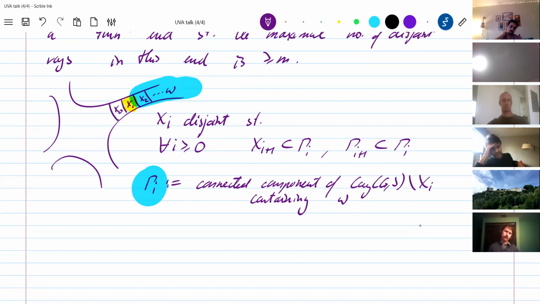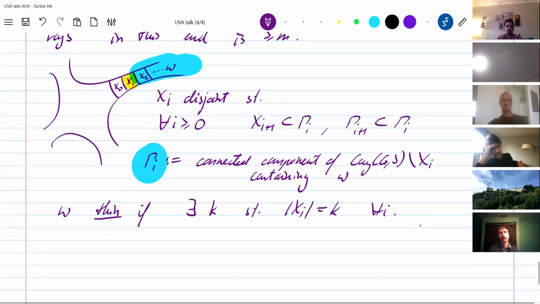And we say that omega is thin if we can actually take these x_i to be bounded in cardinality, or maybe even equal in cardinality to k for all i.